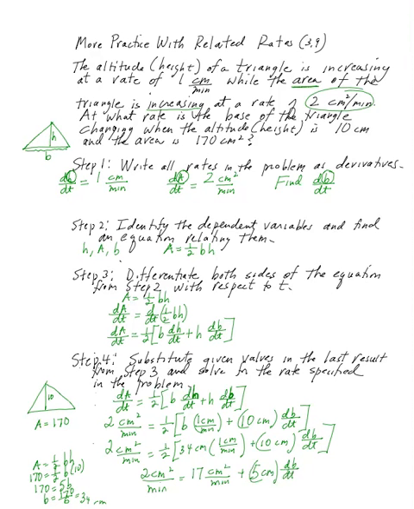So I'm solving for dB/dt. Get the terms without dB/dt on the left. So 2 minus 17 is negative 15 centimeters squared per minute equals 5 centimeters times dB/dt. So dB/dt is negative 15 over 5.